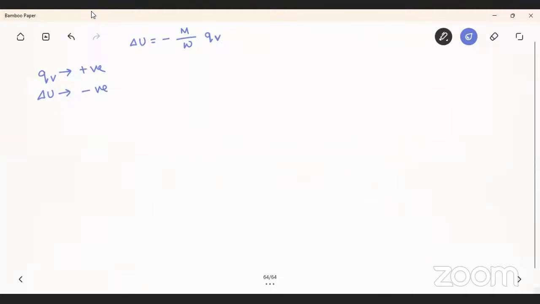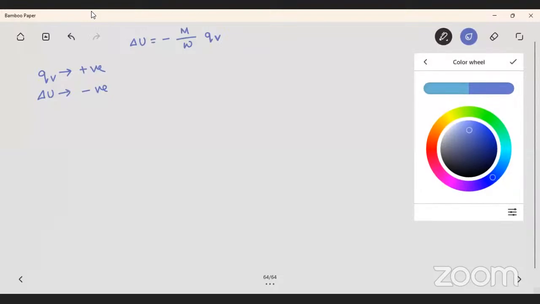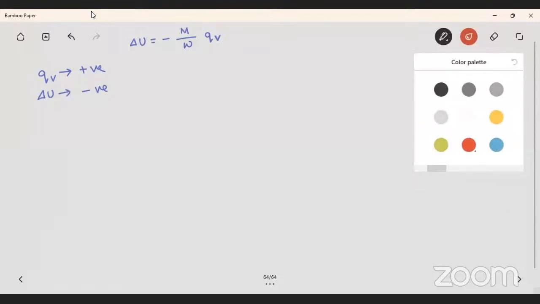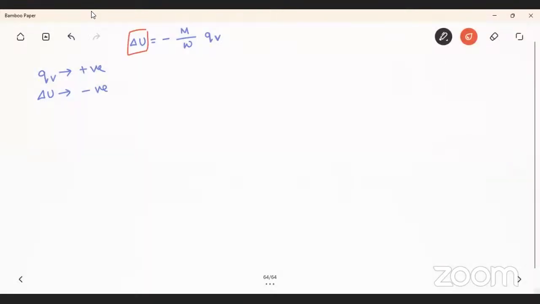No, ma'am. See, what it is saying here, just simply see. Delta U, this is some kind of constant, ignore, is dependent on QV. How? There is an inverse relation.